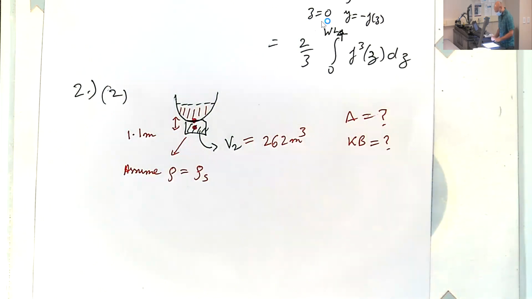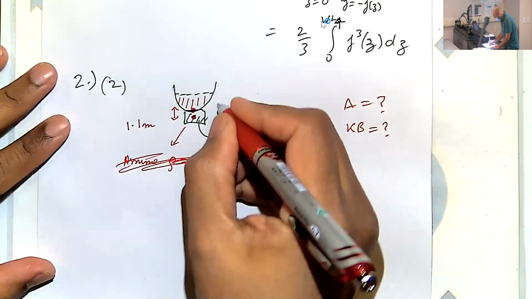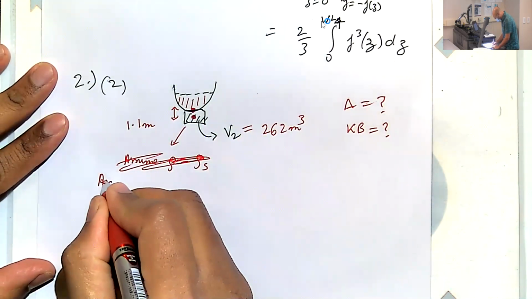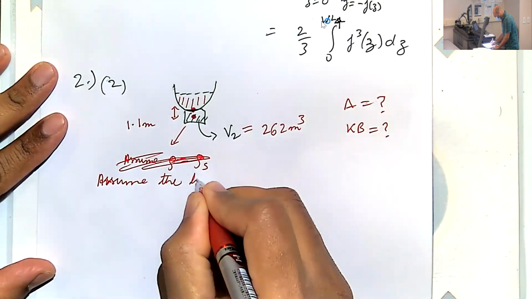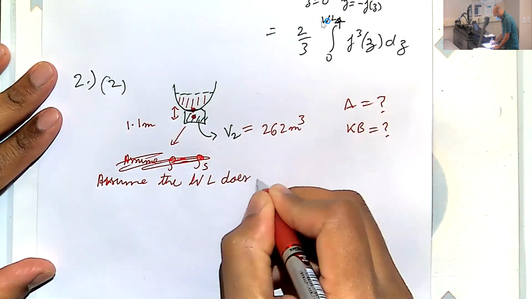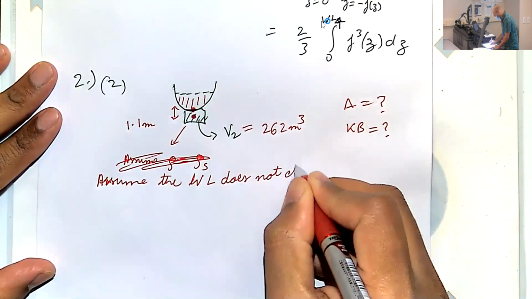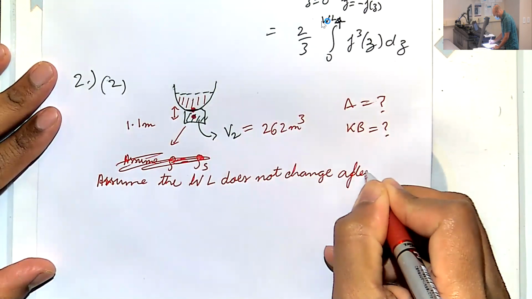Well, no, don't assume that, it becomes complicated. So add this to the question: assume the water line does not change after adding the appendage.